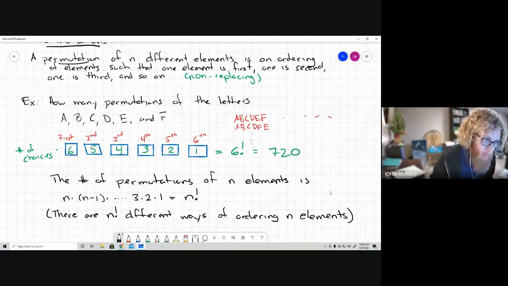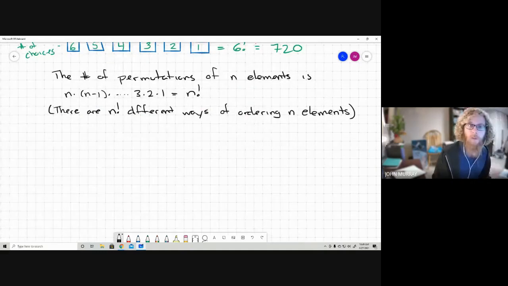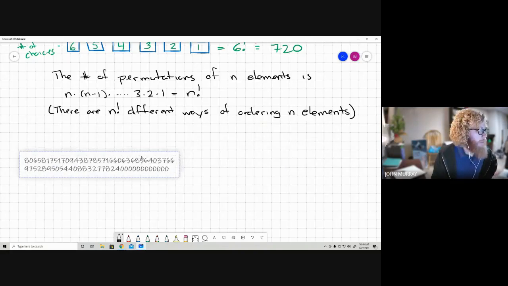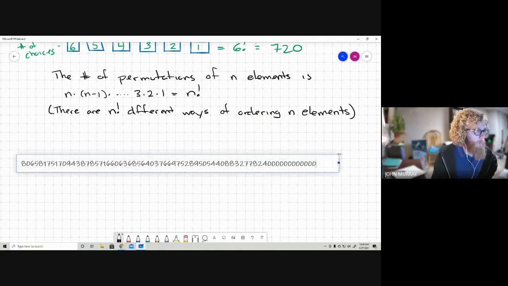Which brings me to one of my bits of really cool information. Let me get this. This number here, this ridiculously large number. If I wanted to put commas, I don't even know where to begin.